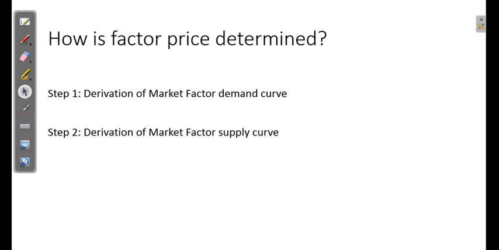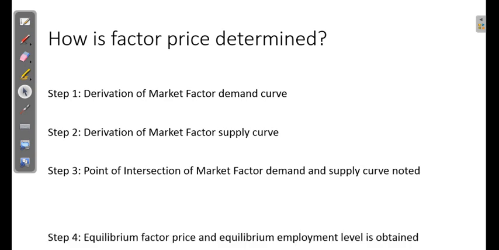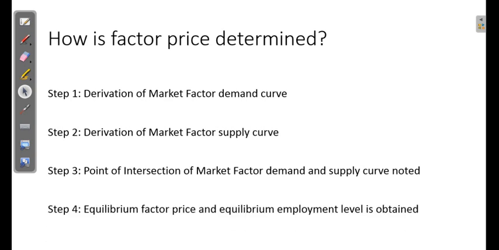Whichever the factor is, it can be labor, land, or capital. And then after the market factor demand curve and market factor supply curve have been obtained, we need to plot them in one common graph and note the point of intersection of both the curves. On the basis of that, the equilibrium factor price and equilibrium employment level for that factor of production can be obtained.